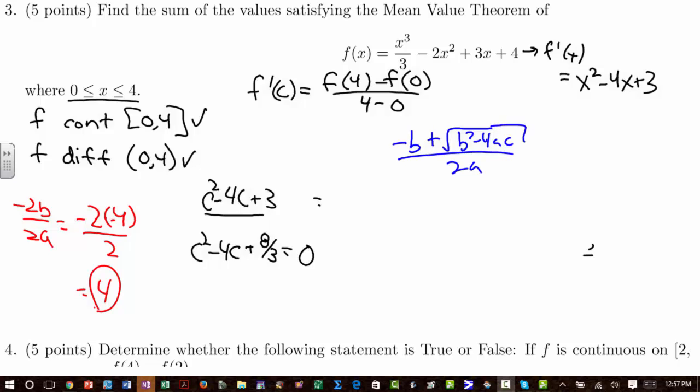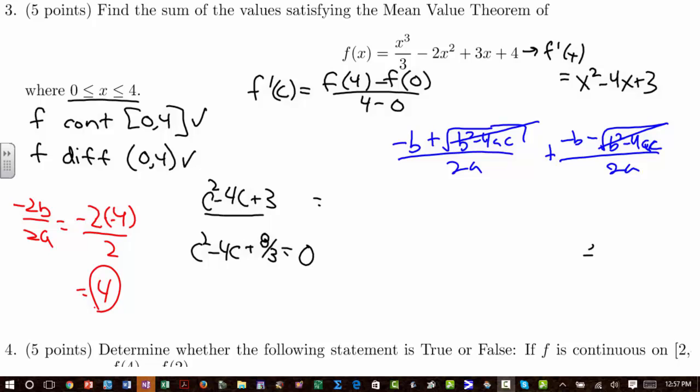Are you agreed? And the other one is going to be negative b minus the square root of b squared minus 4ac all over 2a. So they cancel. So when I add them together, what happens to the square root part? They cancel out. And what do I get as the sum? Negative 2b over 2a.